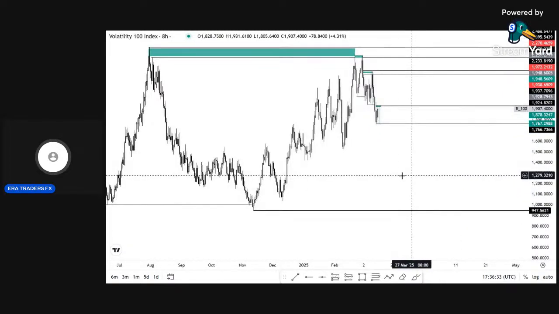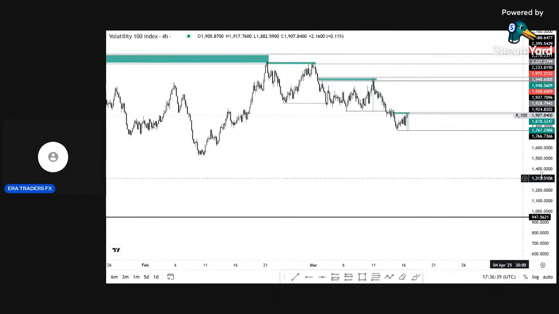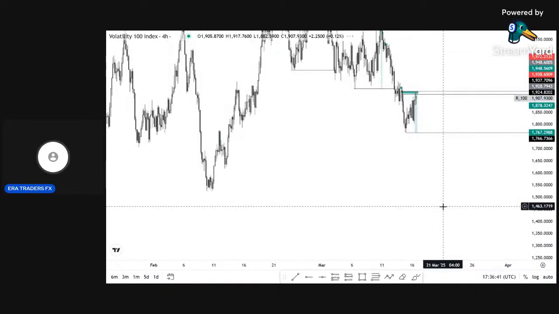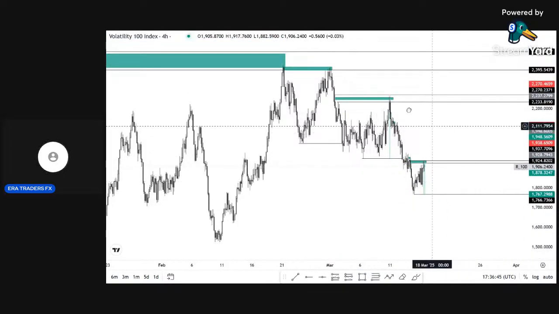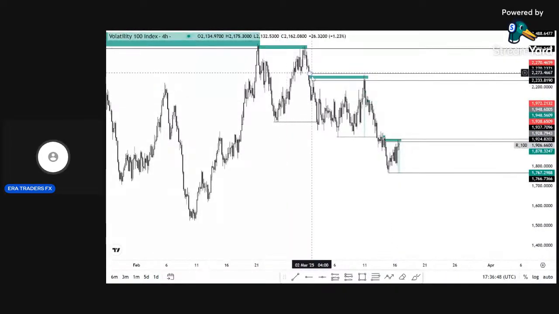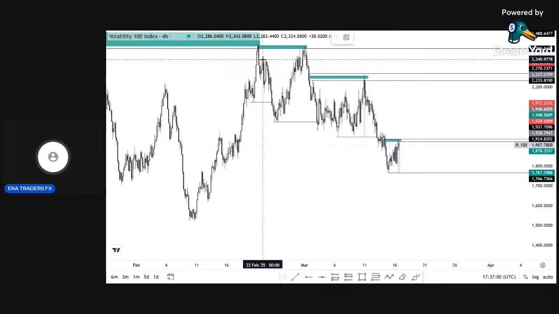So basically now let's see from the 4 hour if there's anything that we saw. So now, if you look, this was first entry, second entry. Why we entered that one was because we saw the break of structure to the down, and we saw this liquidity that needs to be swept before the move.